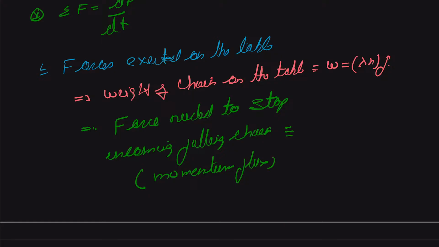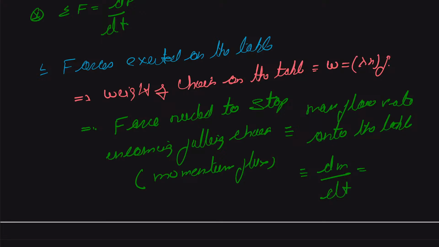Or in equivalent terms, we can also say it as the mass flow rate onto the table. So this will be equal to dm by dt, which will be equal to lambda times v.